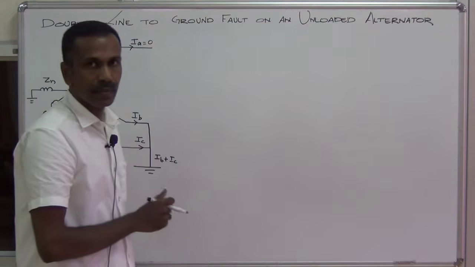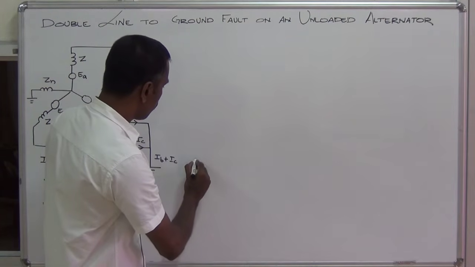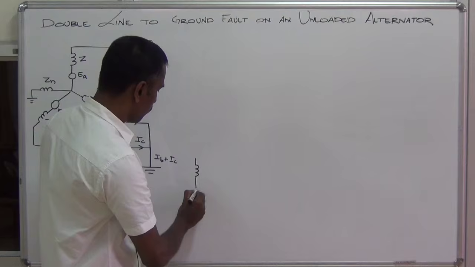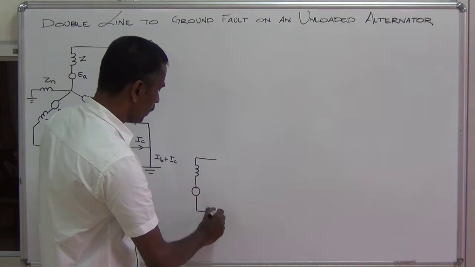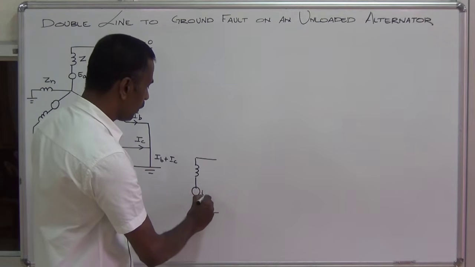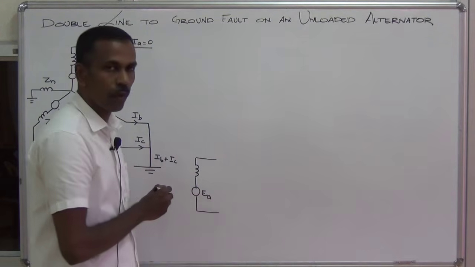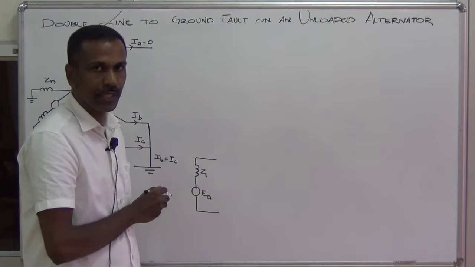Let us draw the sequence networks of an alternator here. This is the positive sequence network of an alternator. In the positive sequence network, we have a voltage source in series with positive sequence impedance.